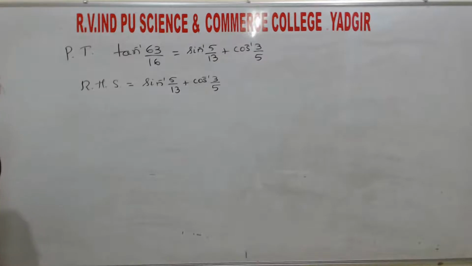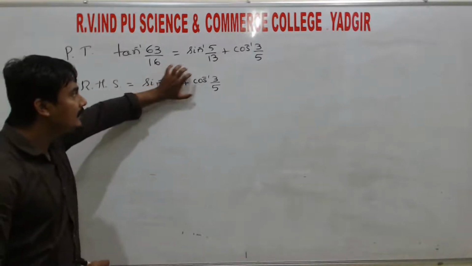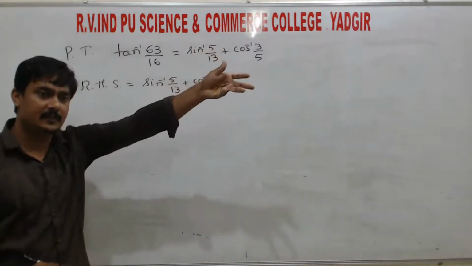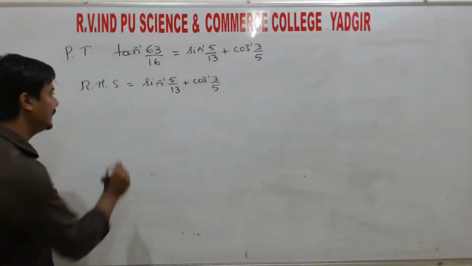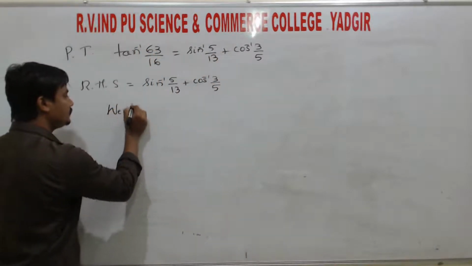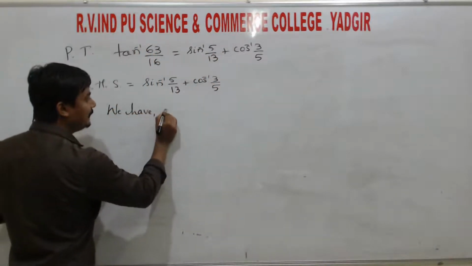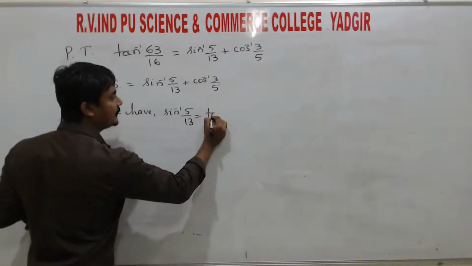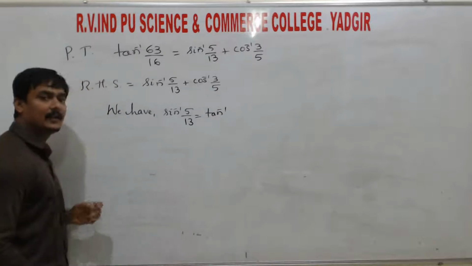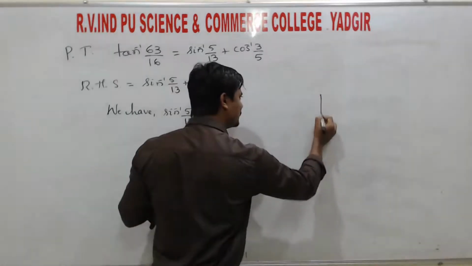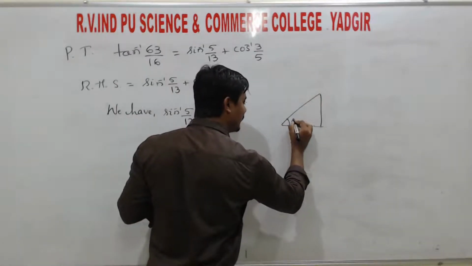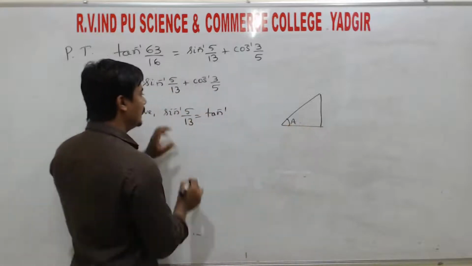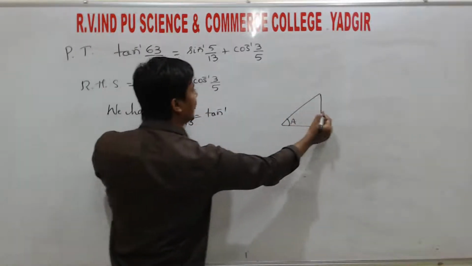What shall we do in the beginning now? We will express these two inverse trigonometric functions in terms of what? Tan inverse. Okay. We have sine inverse 5 by 13. This I want to express in terms of what, dear students? Tan inverse. How do we do it? Very simple. Already we know the process or procedure. What is the sine theta formula?